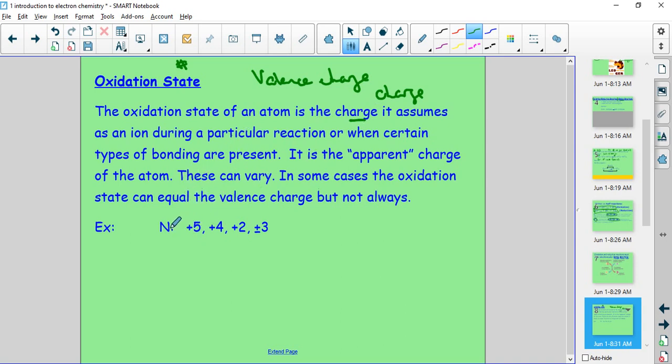So nitrogen, if you look at a periodic table, nitrogen can have different charges. Now that we know a bit more about the quantum model of the atom, nitrogen can have different charges. It can have a +5, a +4, +2, or it can gain or lose 3 electrons because of where it is in the periodic table.